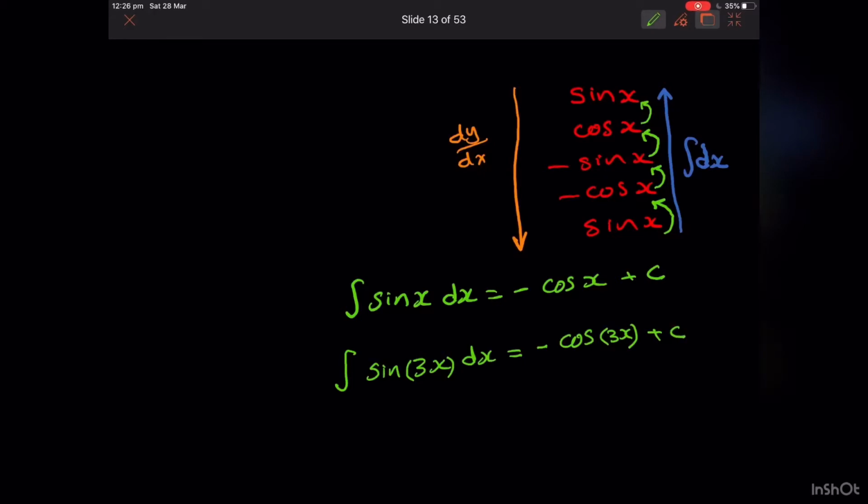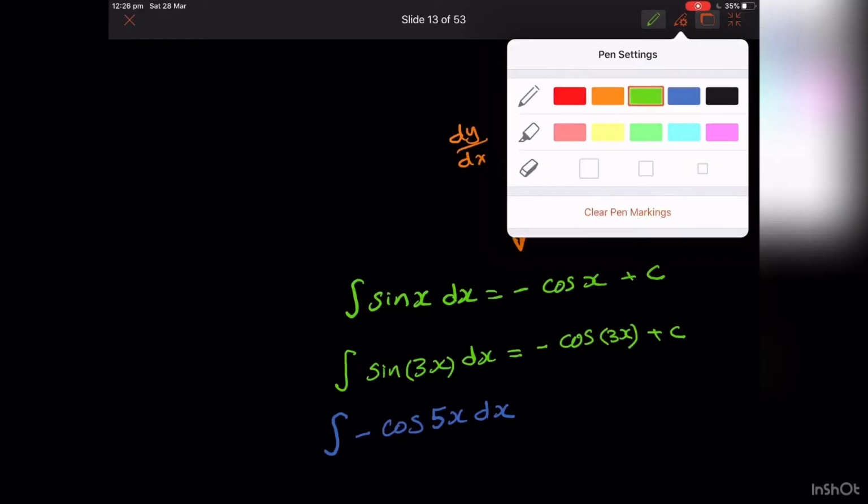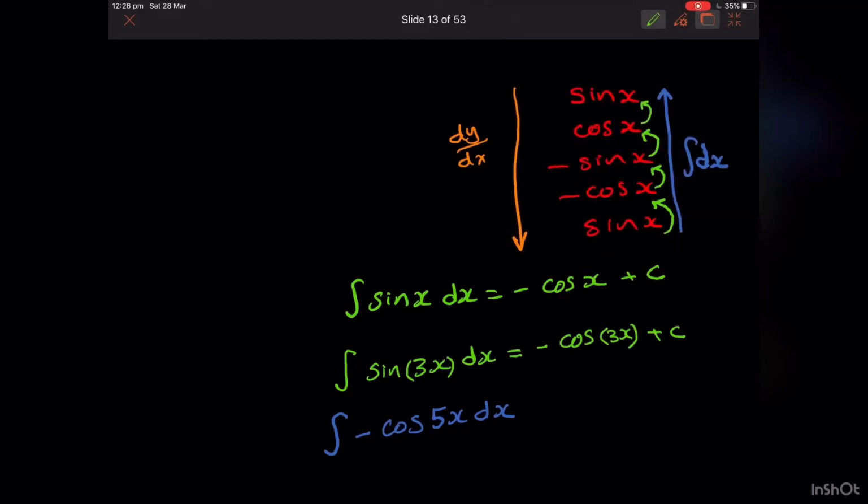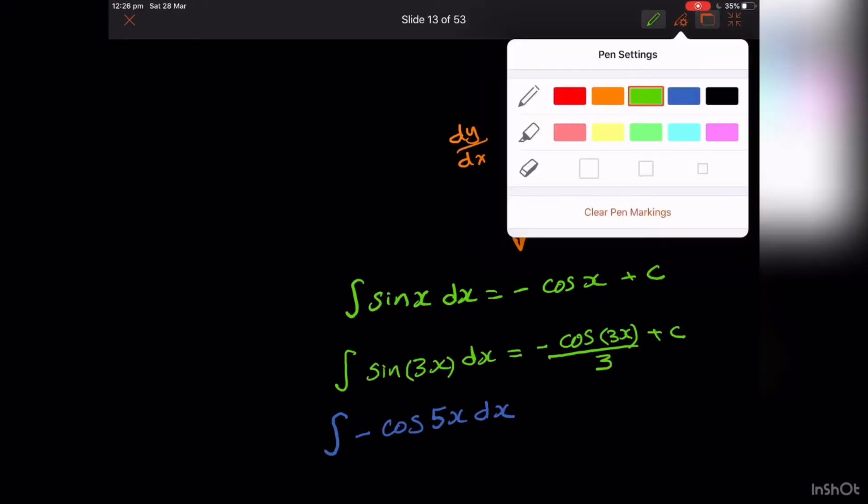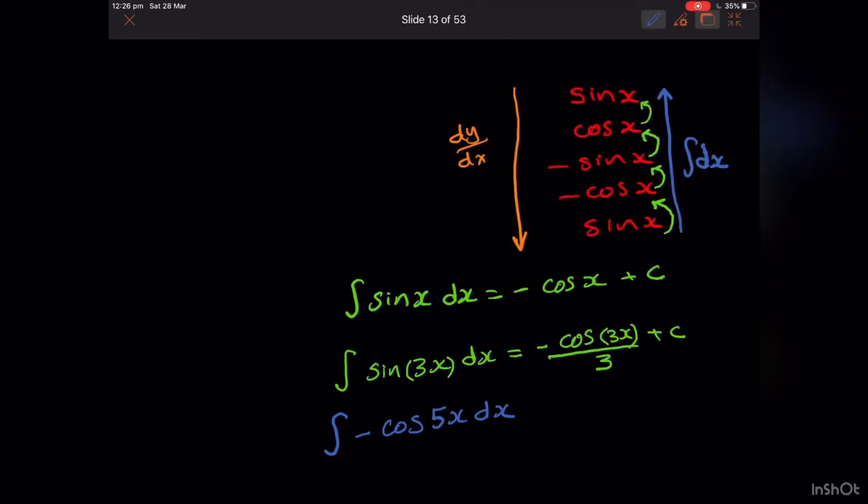Sorry, I forgot to divide on the previous one. We need to divide by the derivative of 3x, so we divide by 3 here. Another one, the integration of minus cosine 5x dx.